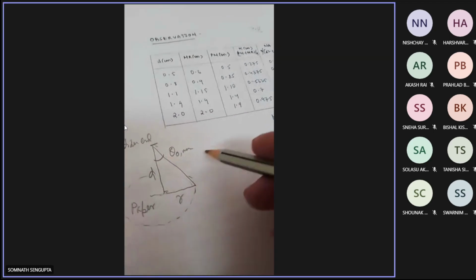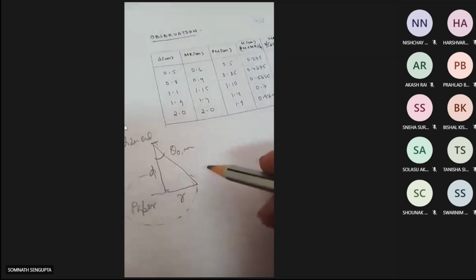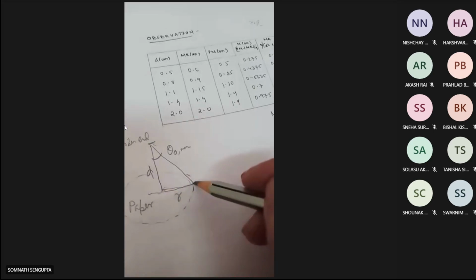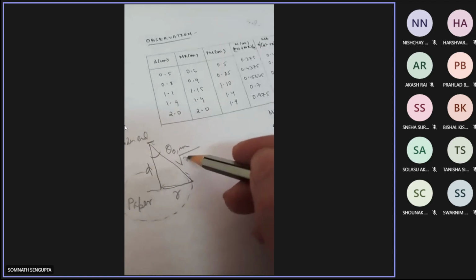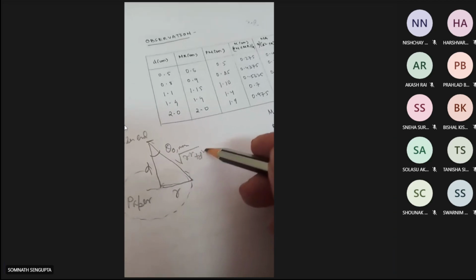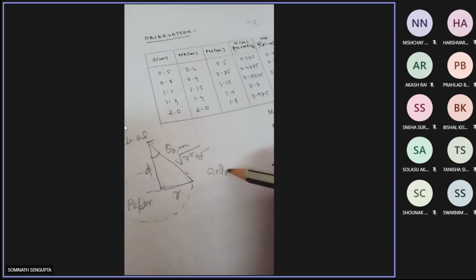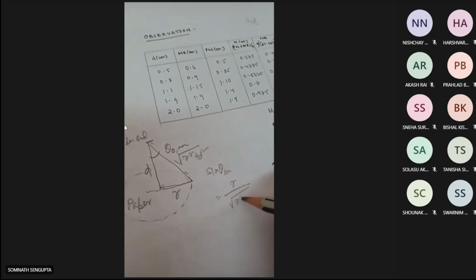So this theta 0 max is what? Normal by this distance. This is R square plus D square. So sine theta 0 max is equal to R by root over R square plus D square.